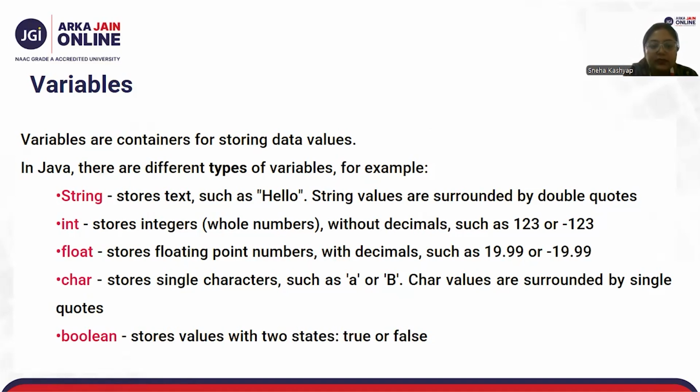Char stores a single character. It could be uppercase or lowercase, but when we mention a character, we always quote it in single quotation marks. The last one is Boolean. Boolean stores two value states, that is, either true or false.